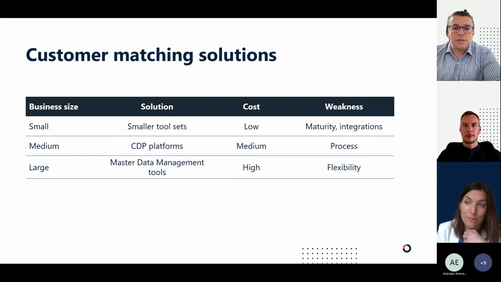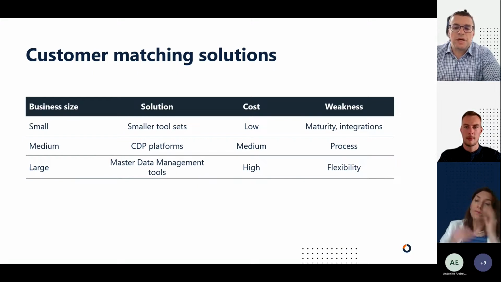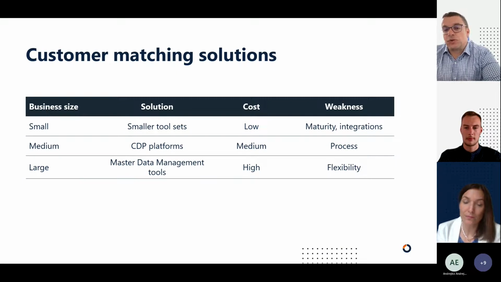For medium businesses, usually CDP platforms take place. And the main challenge, as I found in this segment, is usually the process. Basically, the process is not aligned to the CDP platform, or vice versa, the CDP platform is not aligned to the processes of the company.